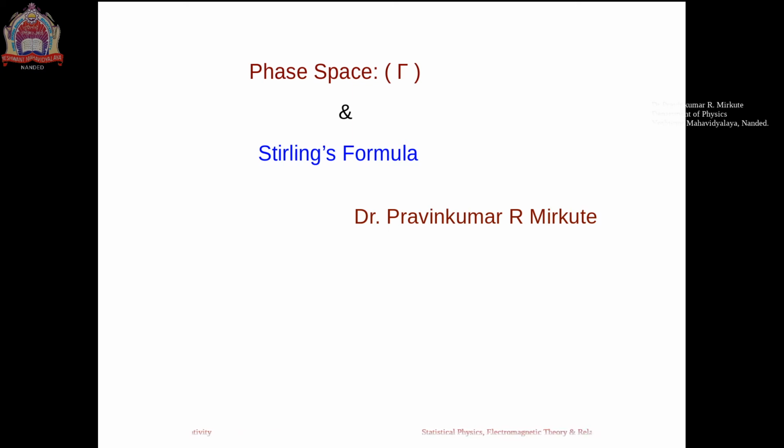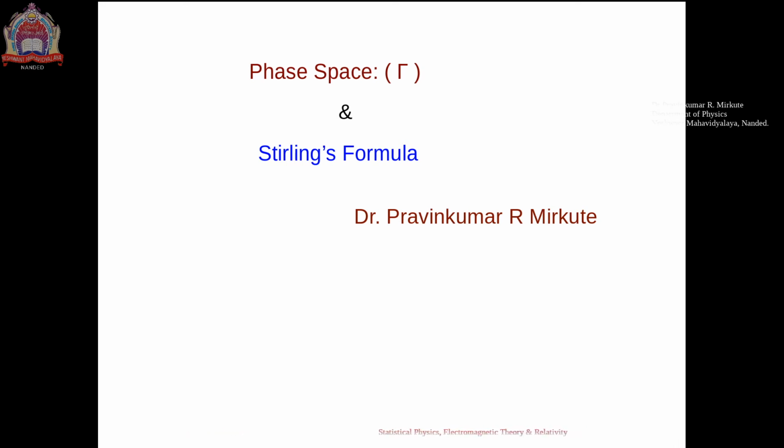As a purely mathematical concept, we may imagine a six-dimensional space in which dx, dy, dz, dpx, dpy, dpz is an element of volume, and a particle in this space will be described by a set of six coordinates x, y, z, px, py, pz.